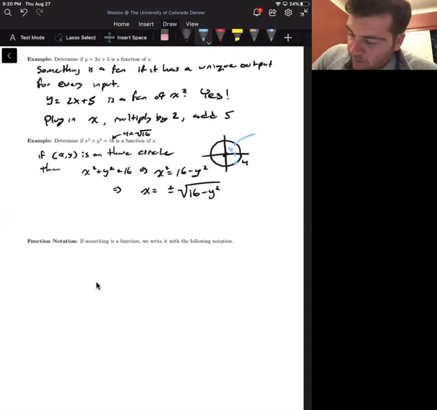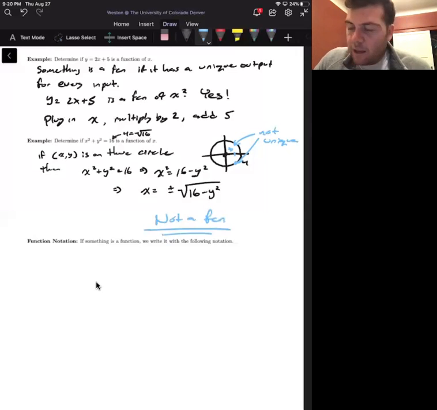So it's not unique. And therefore, not a function. Because we don't know how to choose which value we want right away.